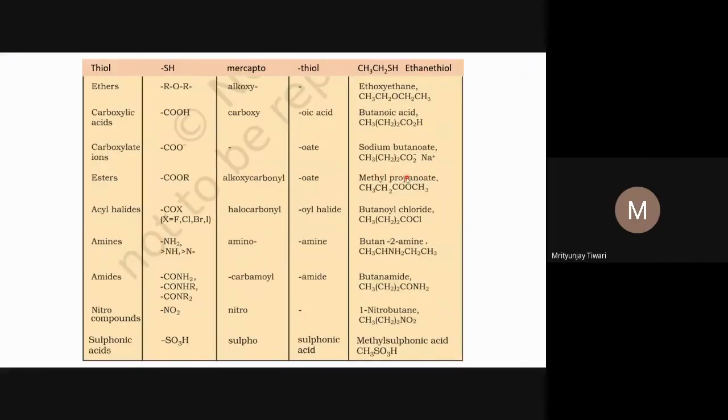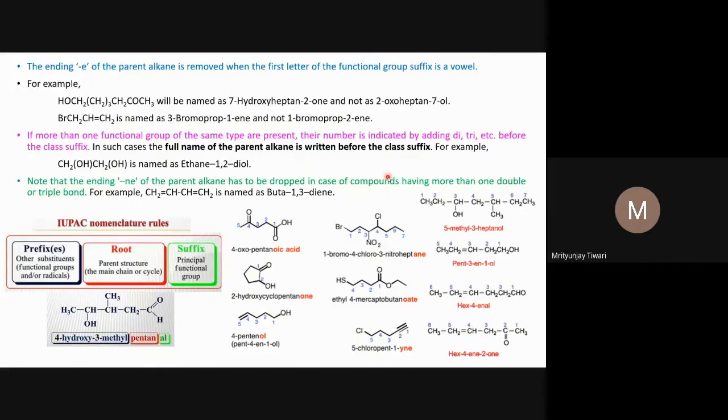Esters are written as alkyl alkanoate. You see methyl propanoate, propanoate because there is no branching in this case. If branching is there, then in the propanoate we will have to show the branching. In this compound, we have to show the prefix substituent, SH, which we write as mercapto, and the position of the SH group has to be shown because this group could be here, or here. There are other places, the second or third carbon atom.